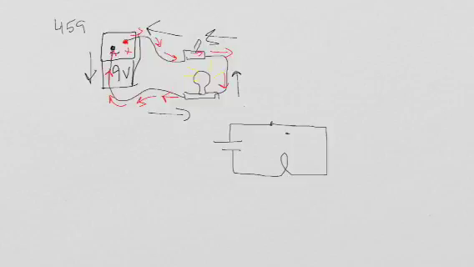I've got my power supply over here, right? I've got my switch. I've got my resistor or my light bulb. Either or, it's slowing down the current, it's taking up some of that energy. And I've got my negative supply here, so we'll call this a light bulb.